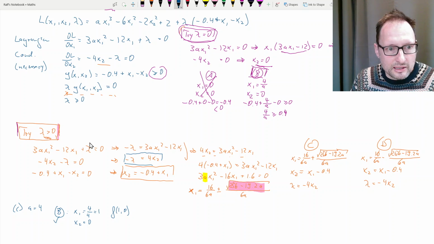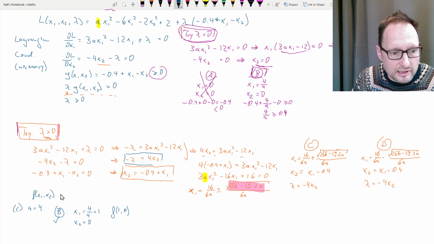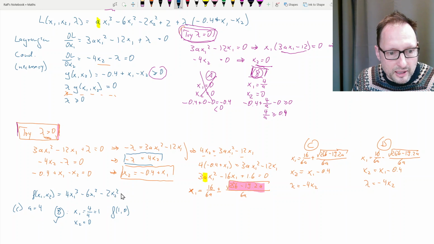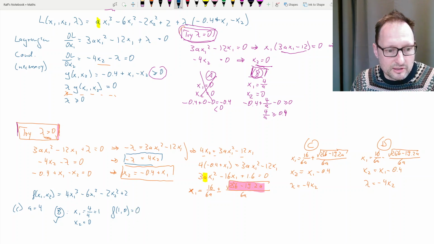Now remember, we can actually calculate the function because we now know what the function is. The function f(x1, x2) is now equal to 4 times x1 cubed minus 6 x1 squared minus 2 x2 squared plus 2. If you plug in 1 and 0 into that function, you will find that the function value here is 0.